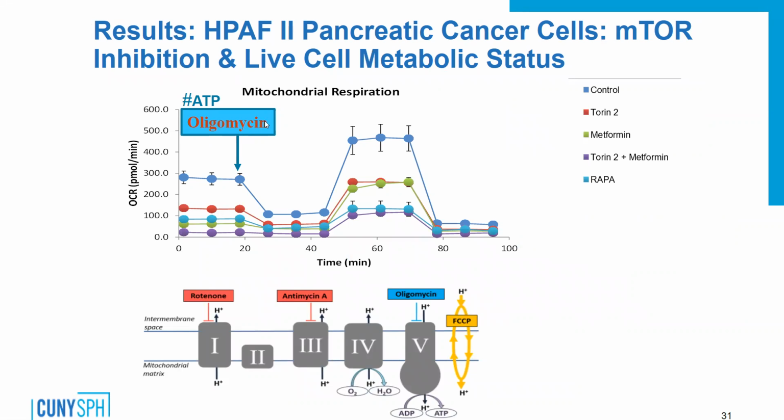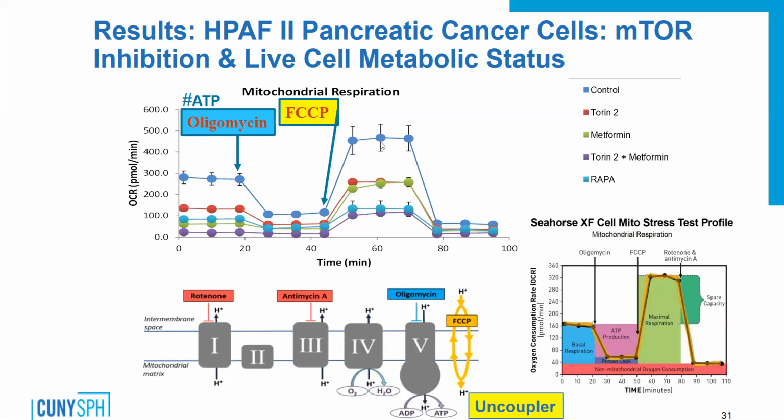As a reference of the mitochondrial respiration, treatment with oligomycin, which inhibits complex 5, again is associated with a decrease in the mitochondrial respiration in taurine-2 and metformin. And then the combination of treatment also had a higher impact compared to the control.